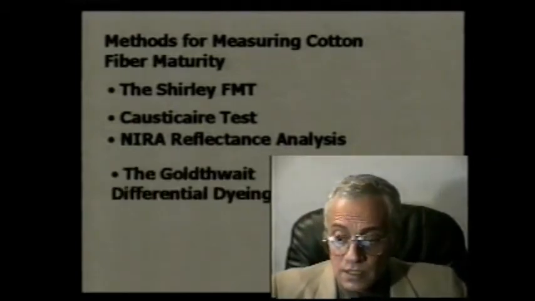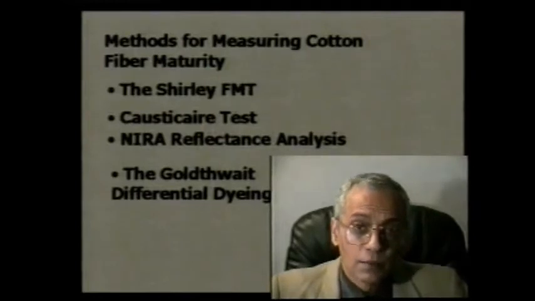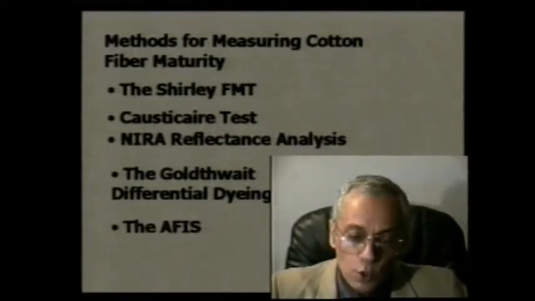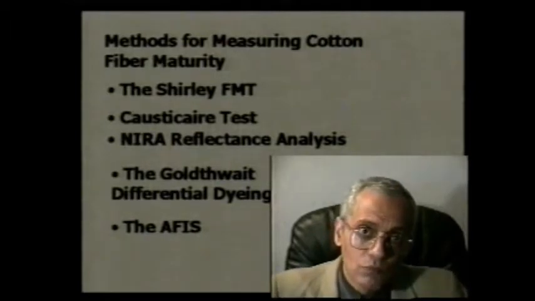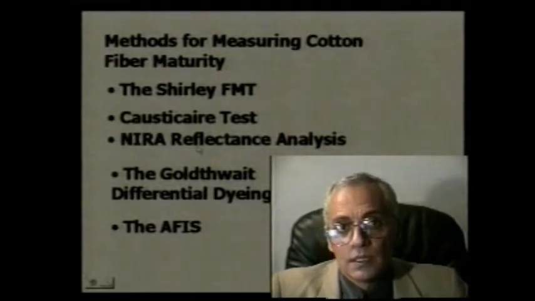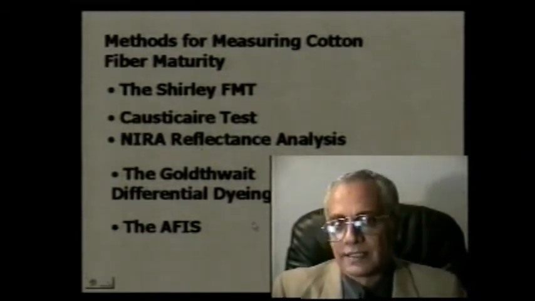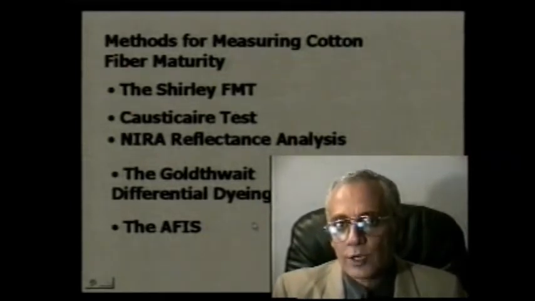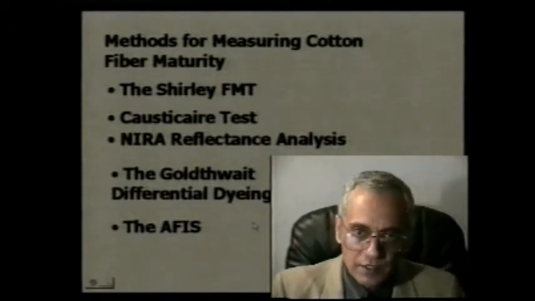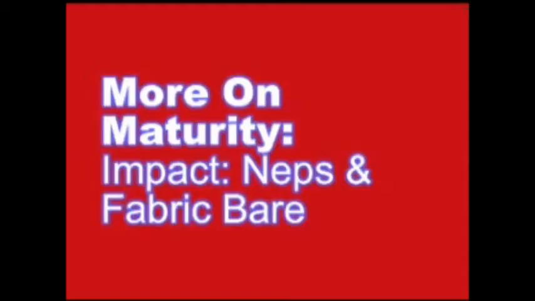And there is the gold weight differential dyeing, which is an indirect method of fiber maturity. And there is also the AFIS. So we have in the market today many methods. And if that indicates anything, it indicates that we still do not have what I would call a universal standard method of fiber maturity. That's why different efforts are being made and different directions are being taken.